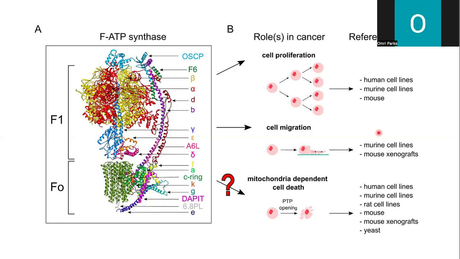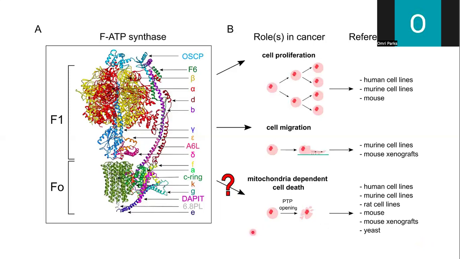An important thing to note is that in breast cancer, the reduced expression of ATP synthase in metastatic lesions compared to primary tumors suggests a shift in metabolic needs during the metastatic process.